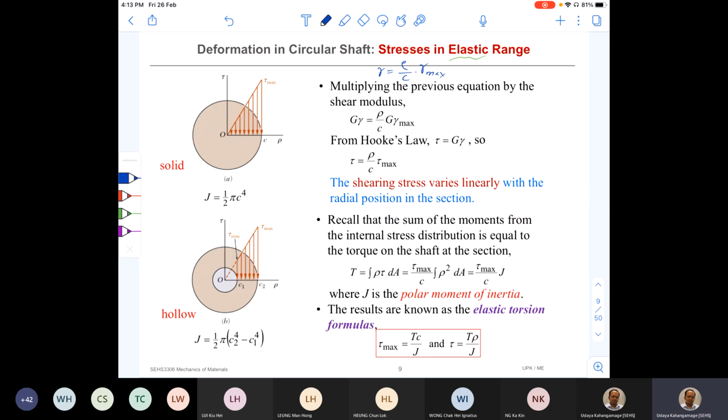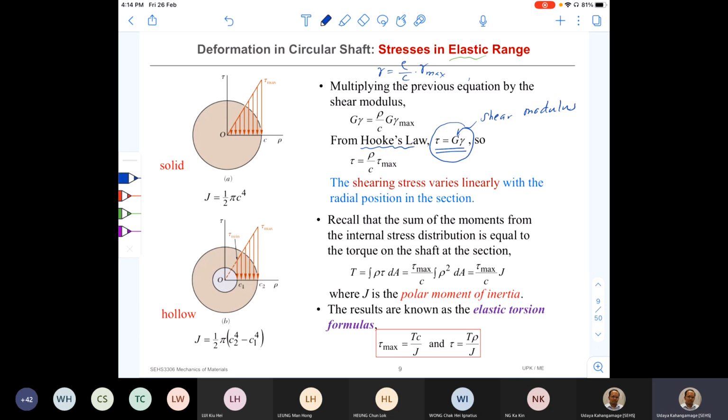Okay, and from Hooke's law, we know that shear stress is proportional to shear strain within the elastic region, and therefore we can write this equation. This is from Hooke's law. Shear stress is equal to G times shear strain, and you know that G is the shear modulus, or we call it the modulus of rigidity, right?